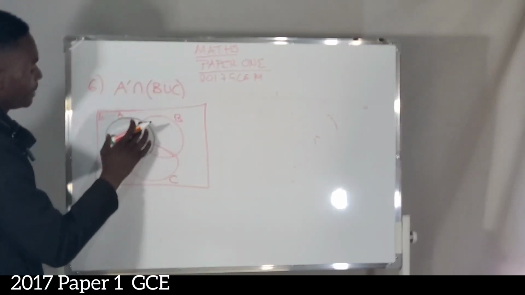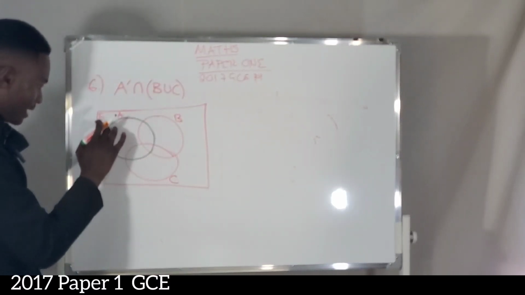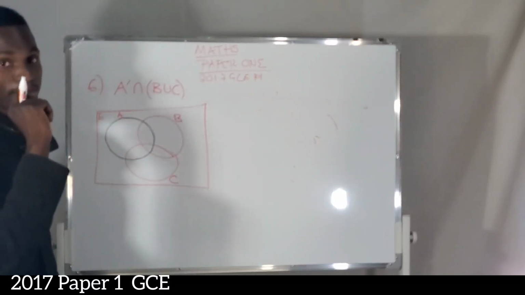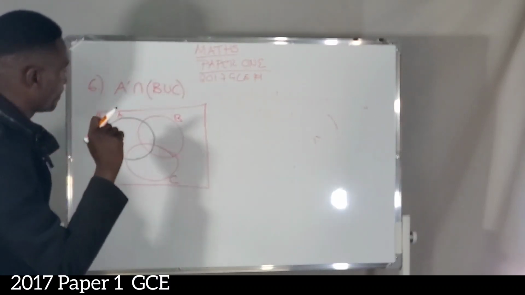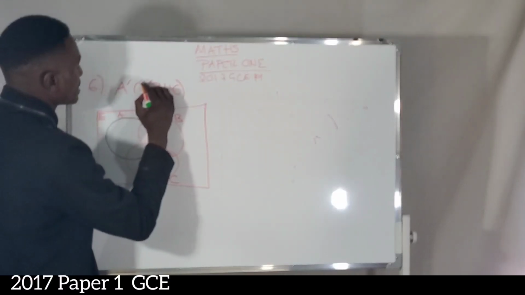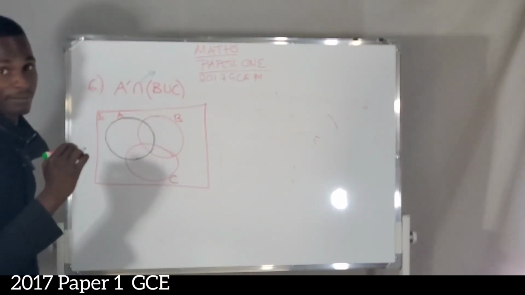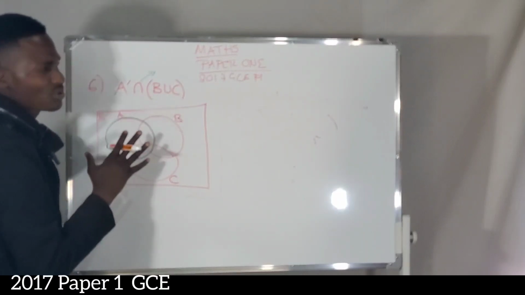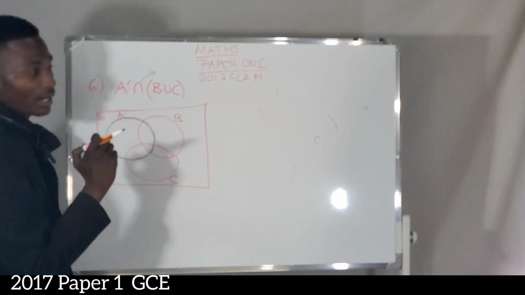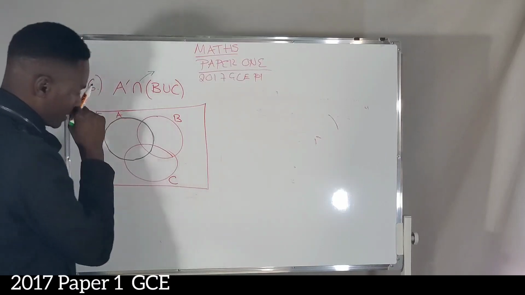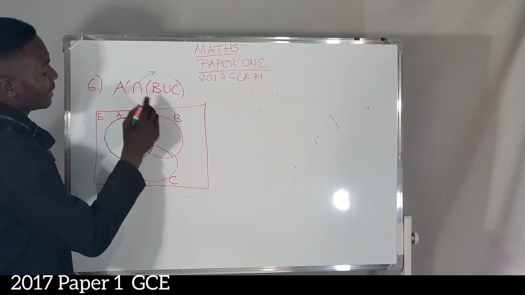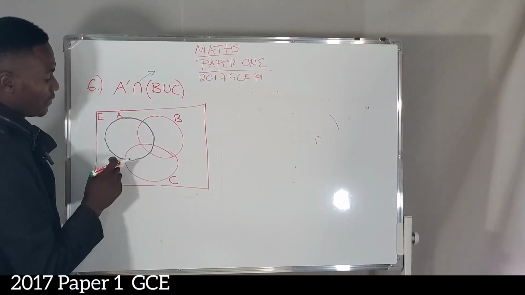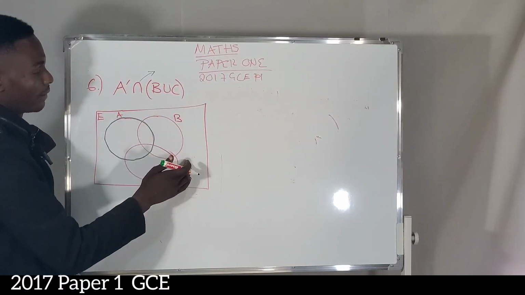So A complement means not here in A. But remember, another key point is this symbol here, which is the intersection. When it comes to shading, the trick is, if it's intersection, just know that you're not going to shade the outermost, the universal set outside here.